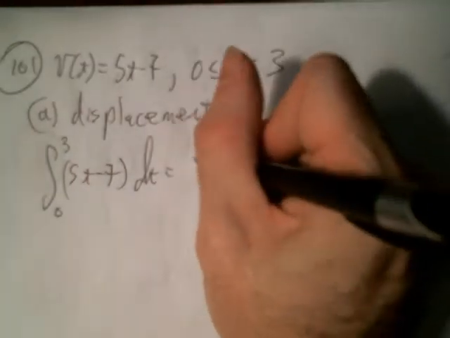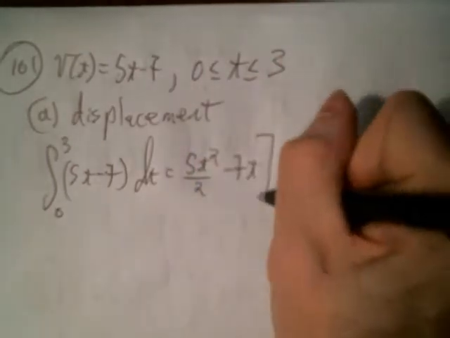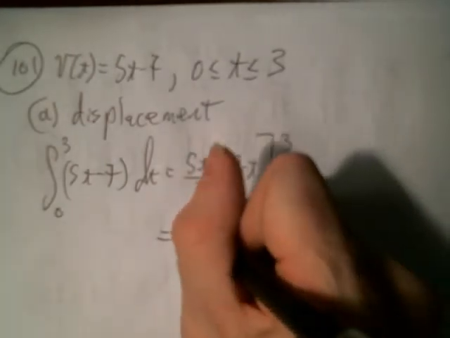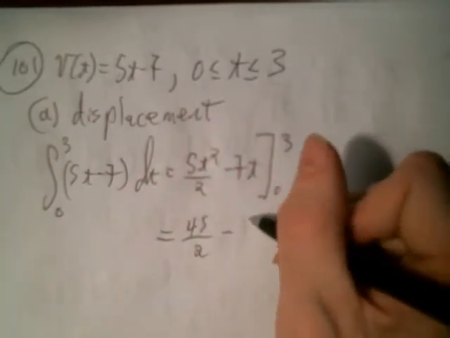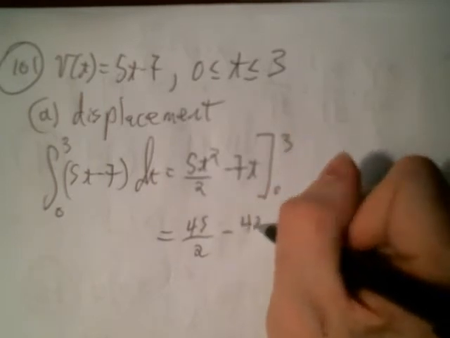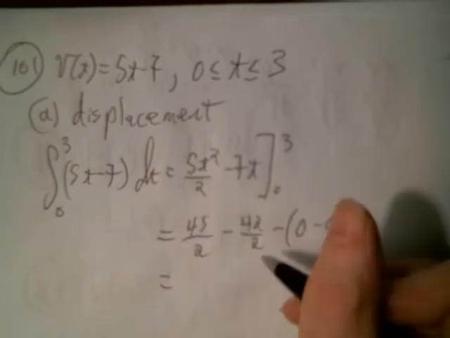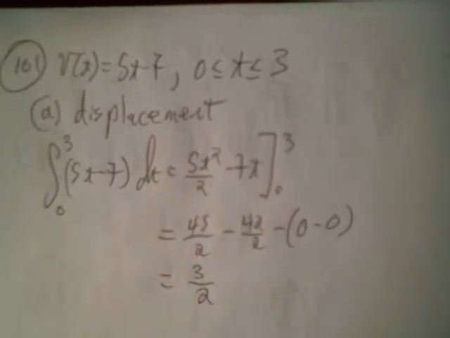Okay, so I'll have 5t squared over 2 minus 7t from 0 to 3. So I'll have 45 halves minus 21, which is the same as 42 halves minus 0 minus 0. That'll equal 3 halves, for our total displacement.